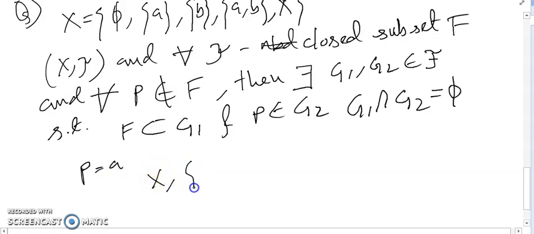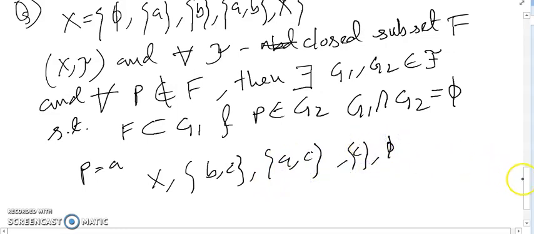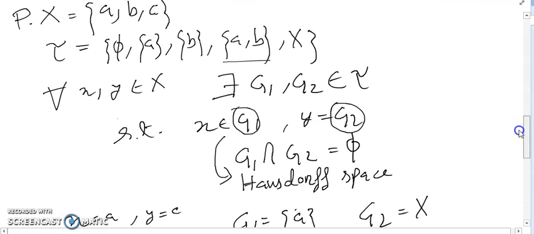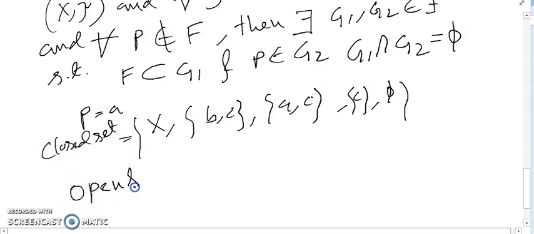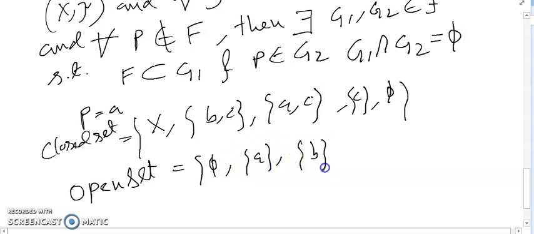The closed sets are {b, c}, {c}, and the open sets are φ, {a}, {a, b}, and X. So this is the open set, closed set and open set.